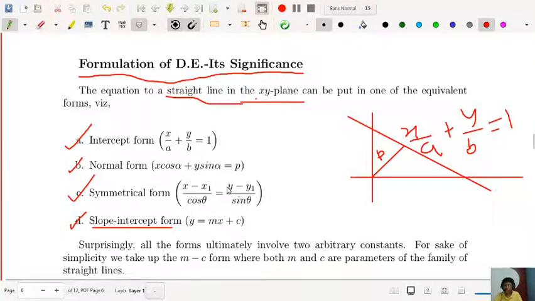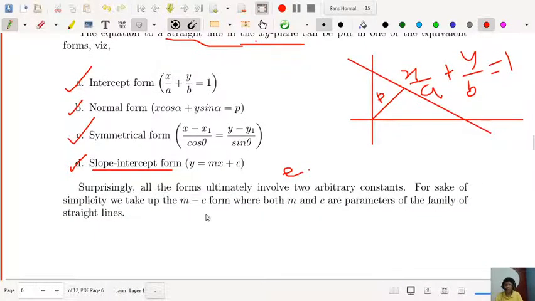There is also the two-point form, (x minus x1) by (x2 minus x1) equal to (y minus y1) by (y2 minus y1). That is also a fifth one, I missed it. So these are the forms of a straight line in the xy plane. Surprisingly, all the forms ultimately involve two arbitrary constants.